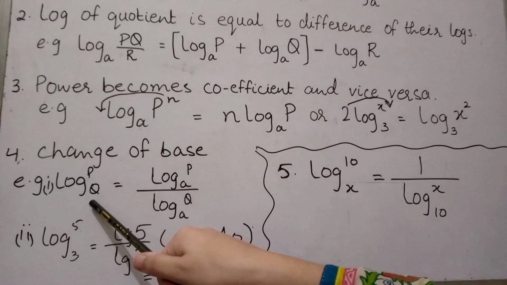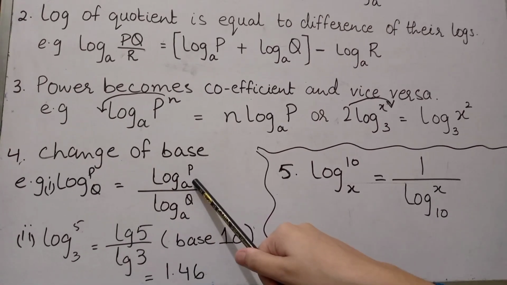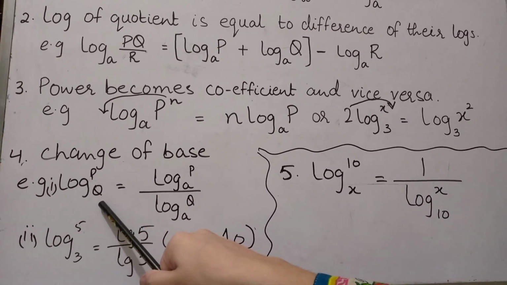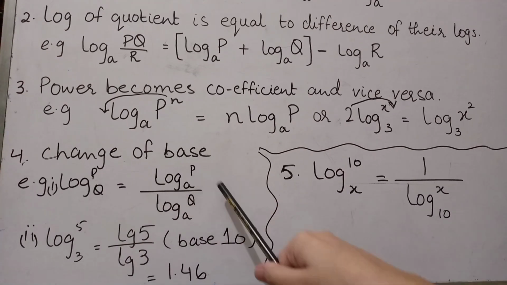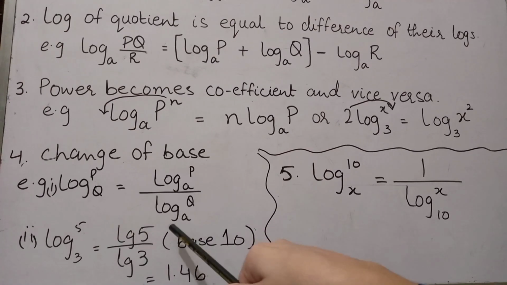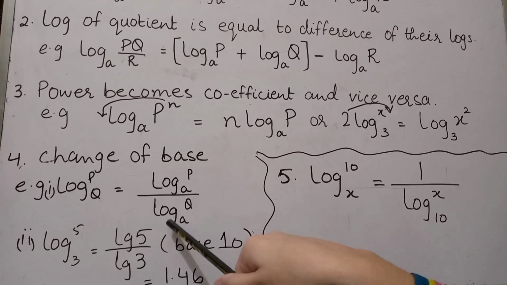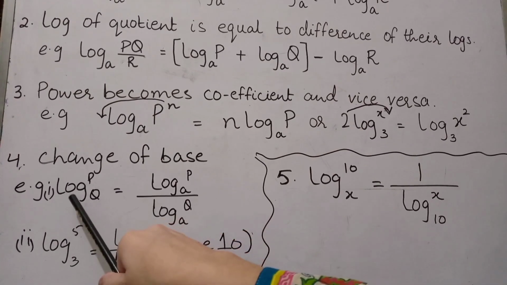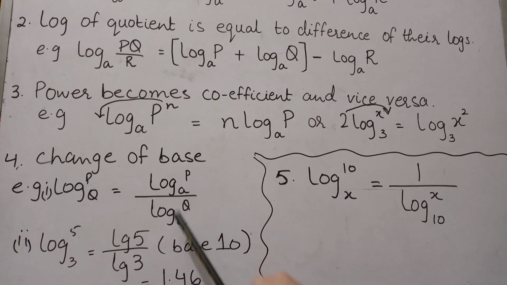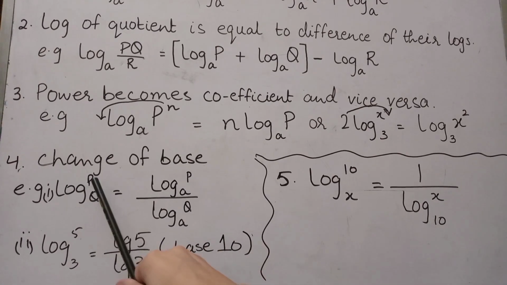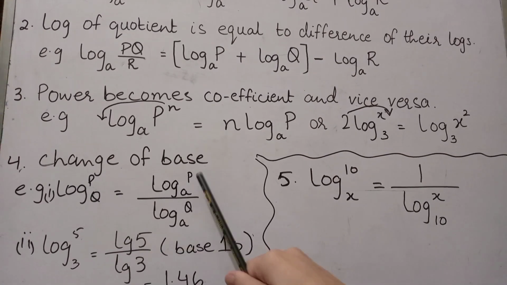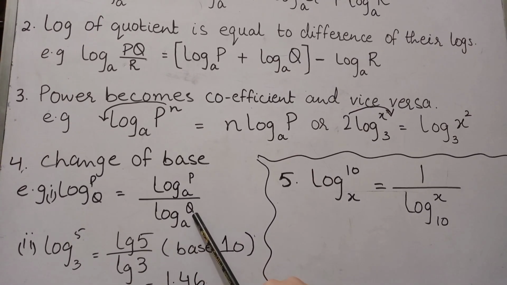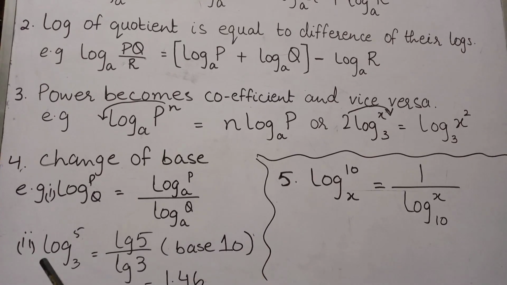Now when I place base a, it will be log base a of the power P divided by the same base, log base a of Q. The base is remaining the same, power divided by base. Got it?